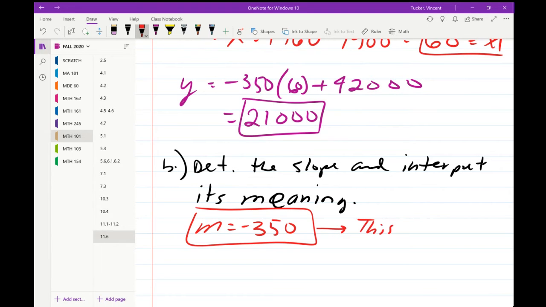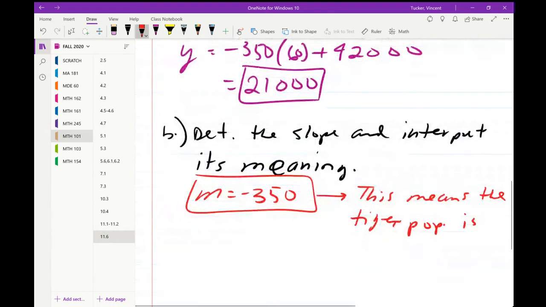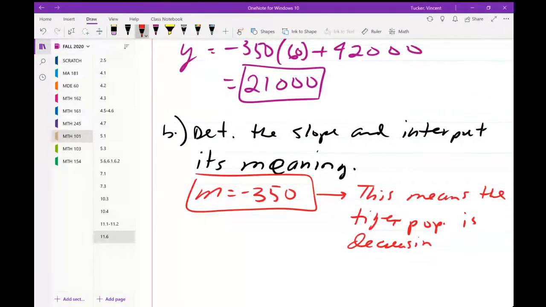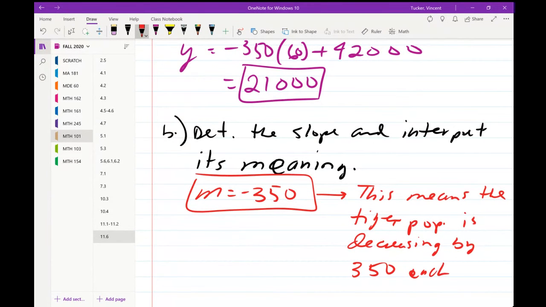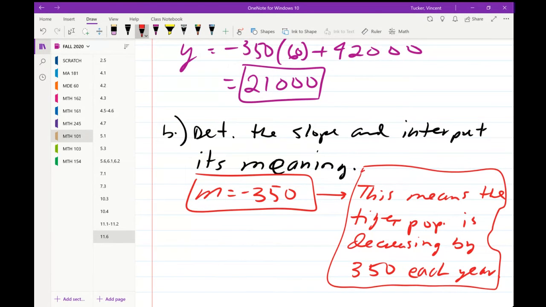And so this means that the tiger population is decreasing by 350 each year, and that decreasing is coming from the fact that we have a negative 350.